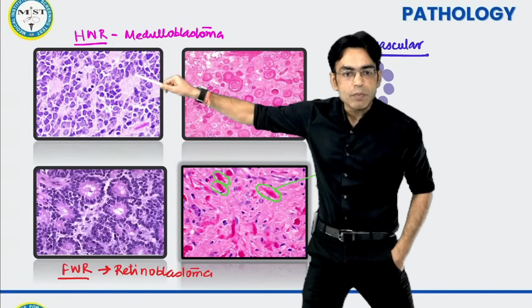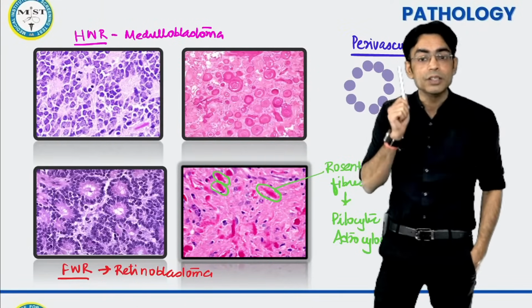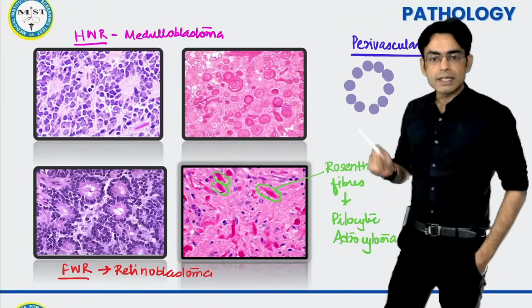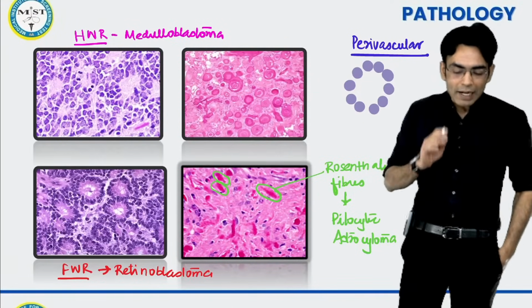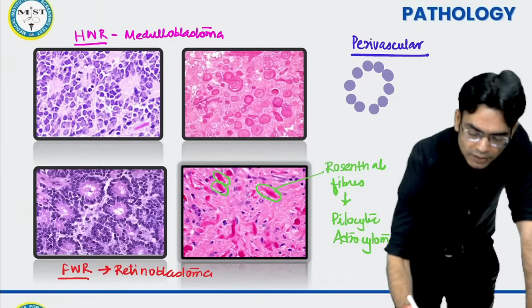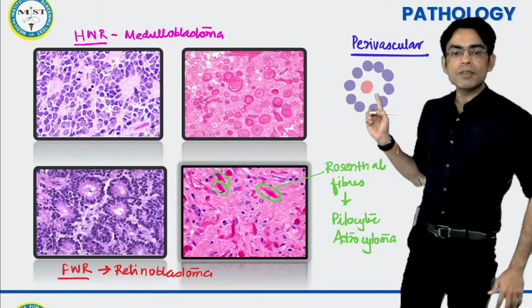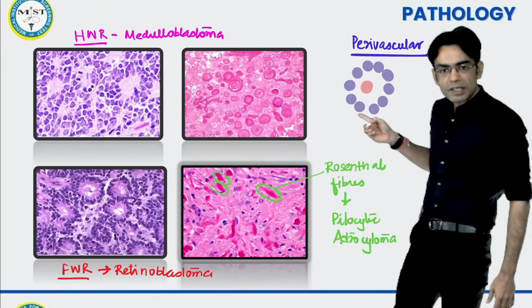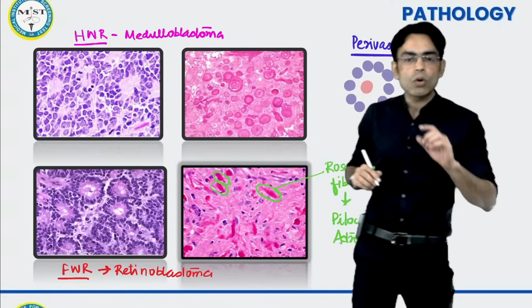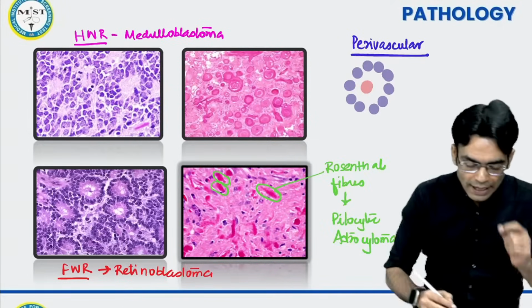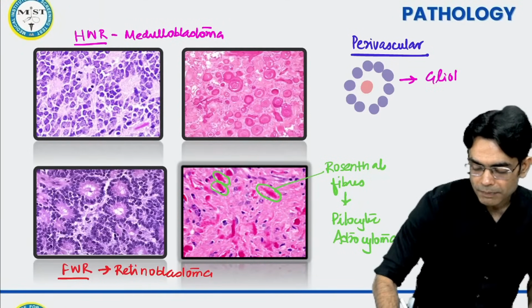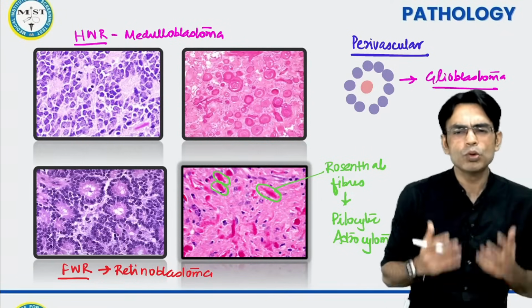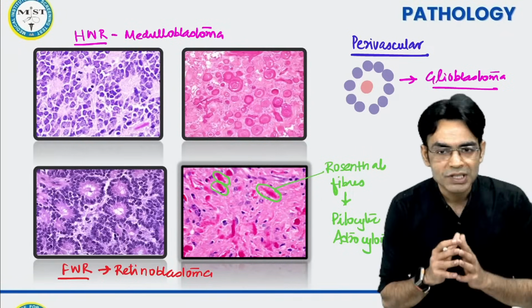This pink color deposit which you are having between the tumor cells is called neuropil. ठीक है, यहां पे क्या होगा, between the tumor cells you are not having a pink color deposit, you are actually having a vessel. तो अगर बीच में vessel है and around the vessel you are having the tumor deposit, you call it a perivascular rosette. And ये जो perivascular rosette है छोटू, this is seen with glioblastoma. ठीक है, तो वो पूछ सकते हैं, so just keep this in mind.